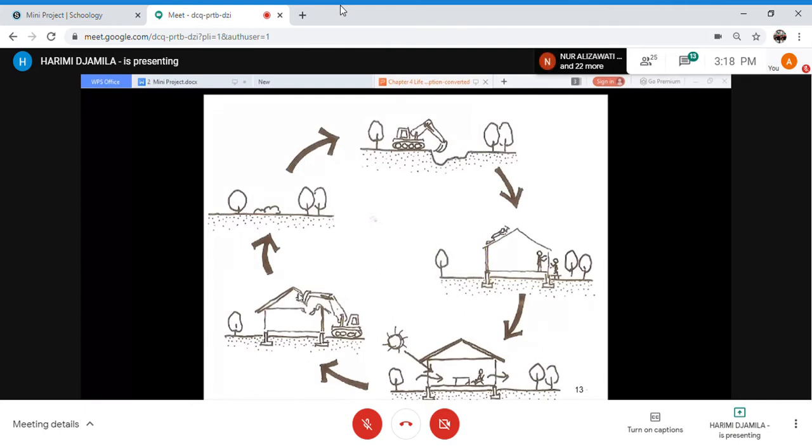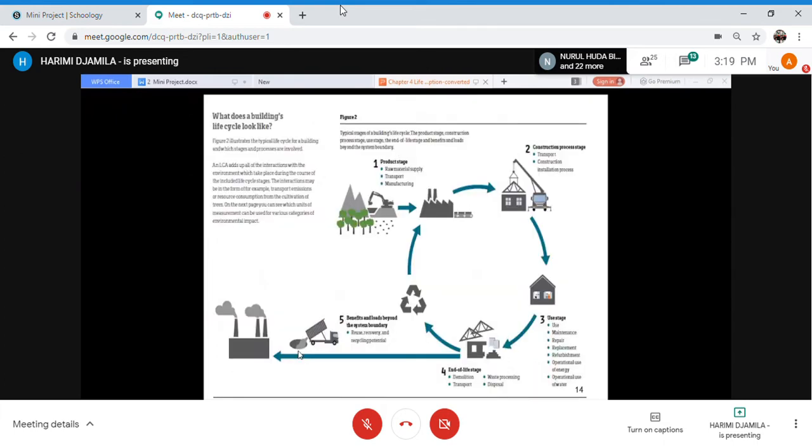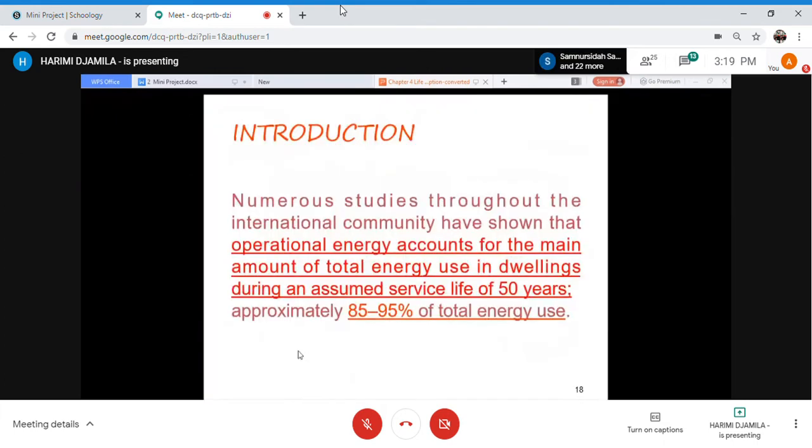Now you have to estimate the energy consumed during the demolition stage. The design itself, including the building materials, has an effect on the amount consumed.